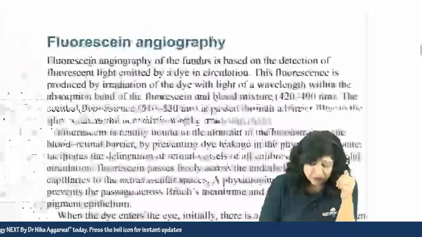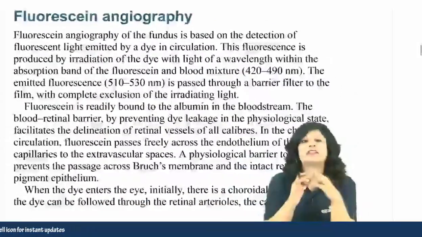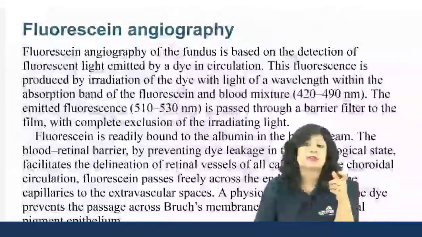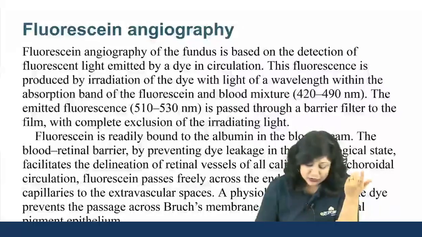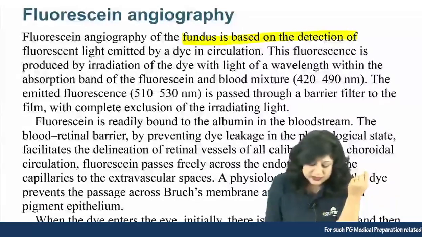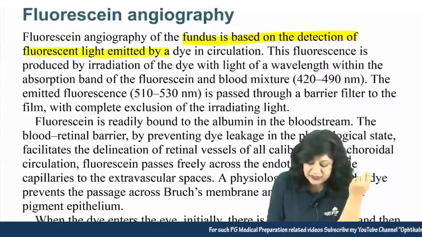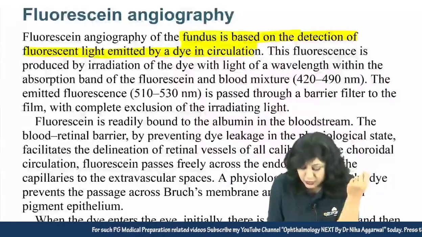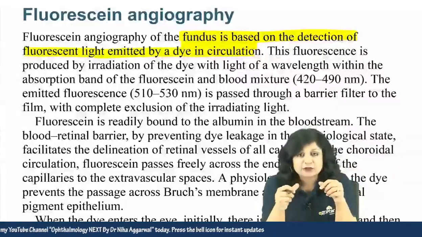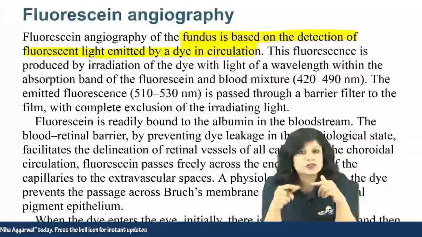Now we come to the fluorescein angiography. I think there is no need to tell you how important fluorescein angiography is, especially with respect to the posterior segment, right? This is actually the angiography of the fundus, and it is based on the detection of fluorescent light which is emitted by the dye in circulation. We inject a dye, and that dye first goes to the systemic circulation.